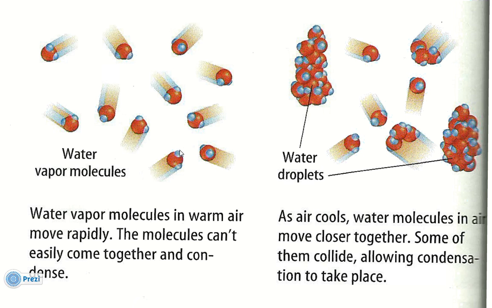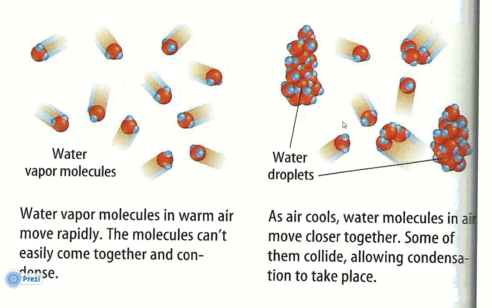Kind of like a big game of tag. When they are moving slower because it's cooler, the water molecules can come together more easily to form water droplets, and then the air will condense. Tell me tomorrow what you saw this morning. This morning when you woke up, what did you see outside?